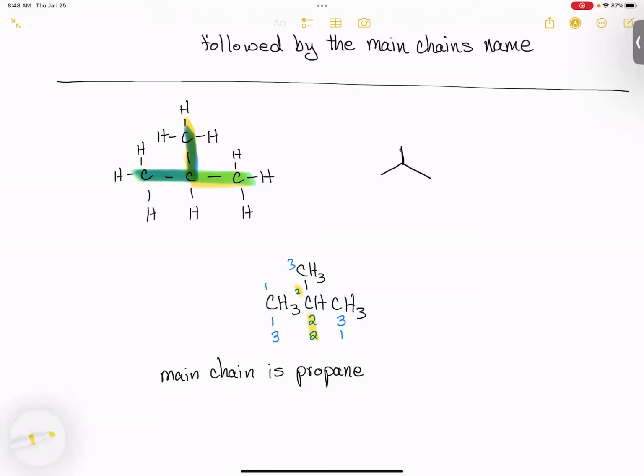So the substituent is going to have the number 2 associated with it. I'm going to get rid of some of these extra numbers and just focus on one. I just wanted to illustrate that it did not matter which way we went.